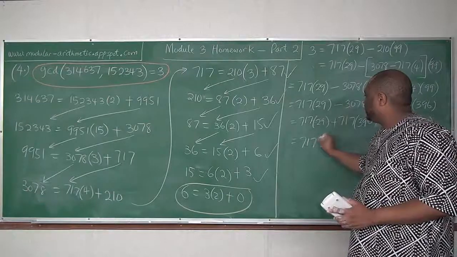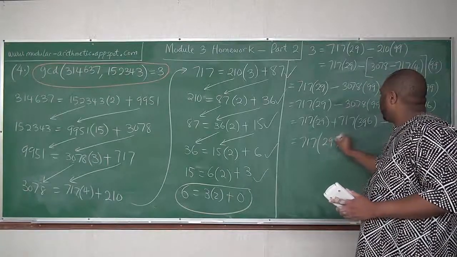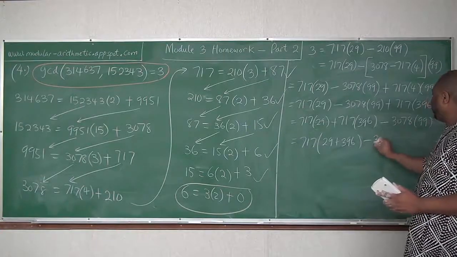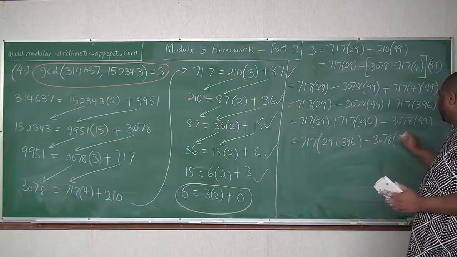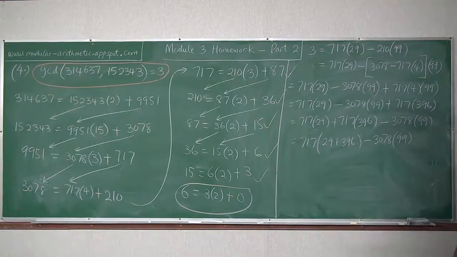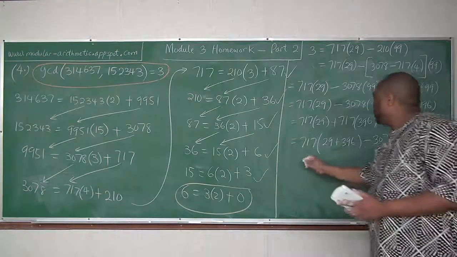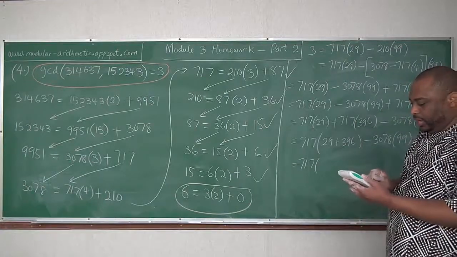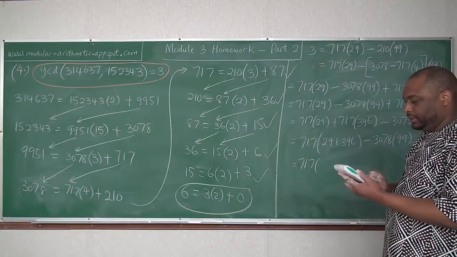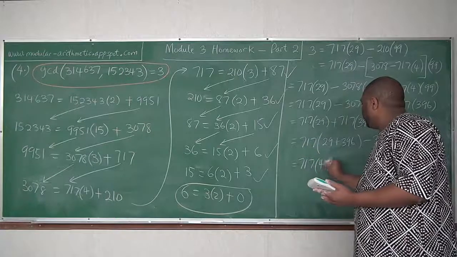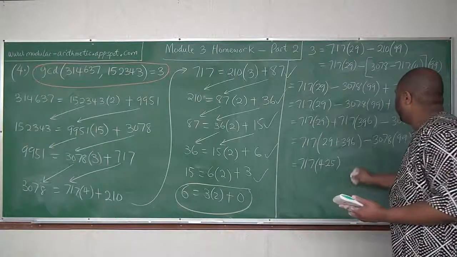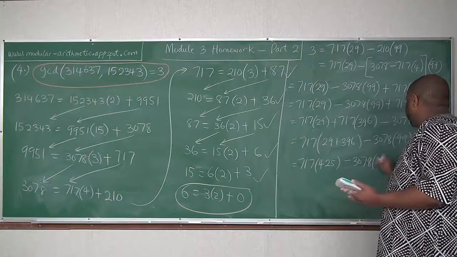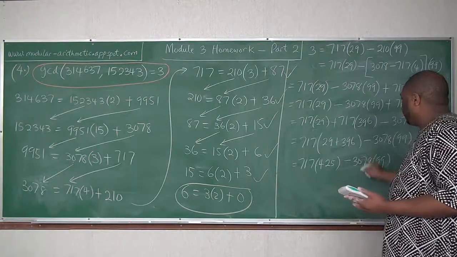This is 717 times (29 plus 396) minus 3078 times 99. And that will give us 717 times 425 minus 3078 times 99.